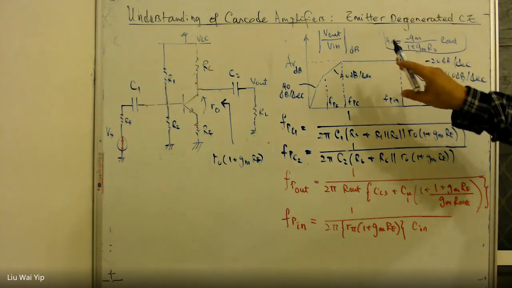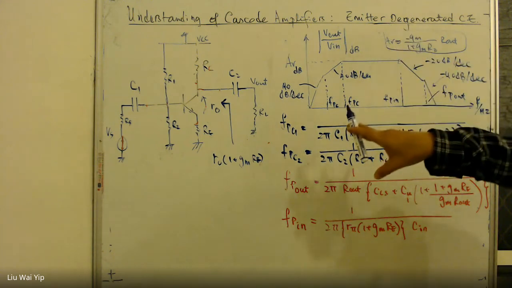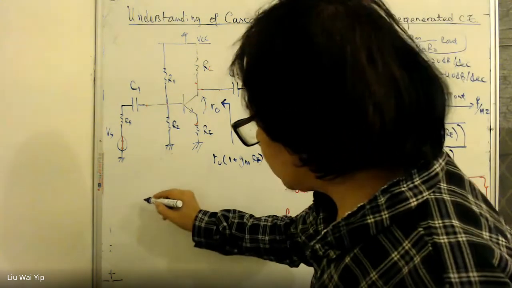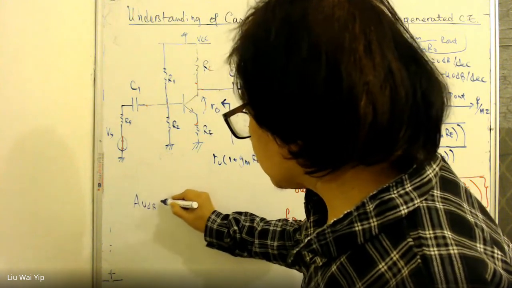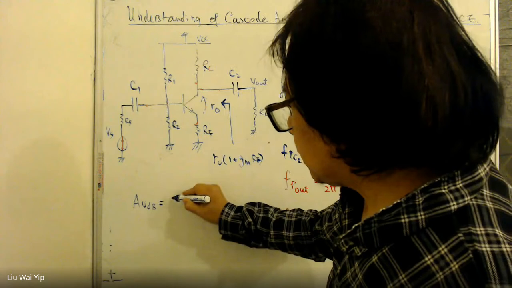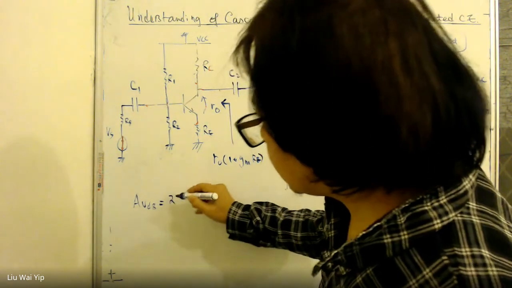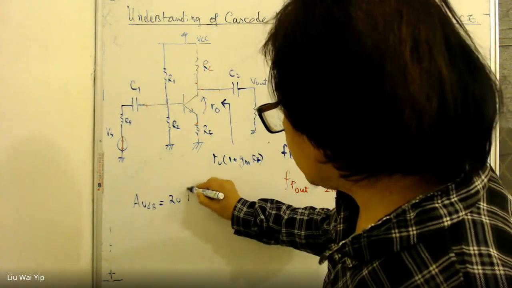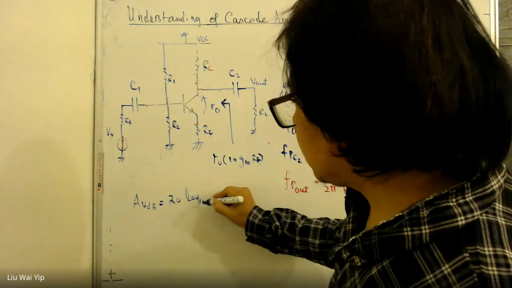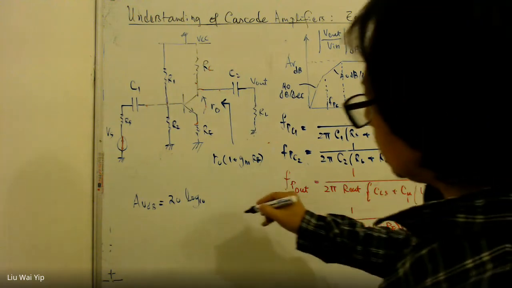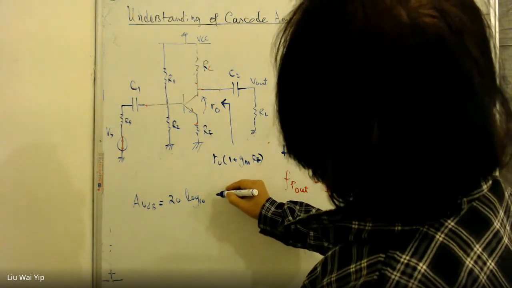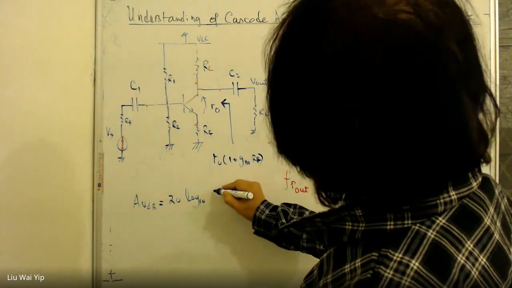If you want to convert AV into dB, you need to do this: 20 log 10, because we need to convert it into power, and then V out over V in, just like this.